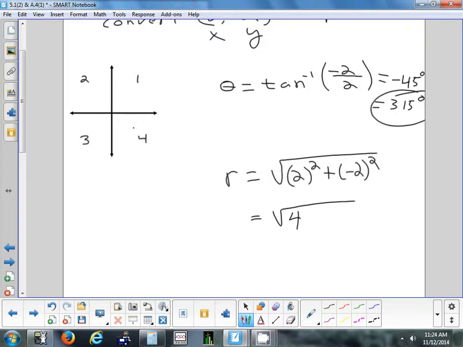So -2 squared, that's -2 times -2. Still 4. So I get the square root of 8. And how does the square root of 8 reduce? So we talked about that very first day when we did distance formula. Yep, and how'd you do that?